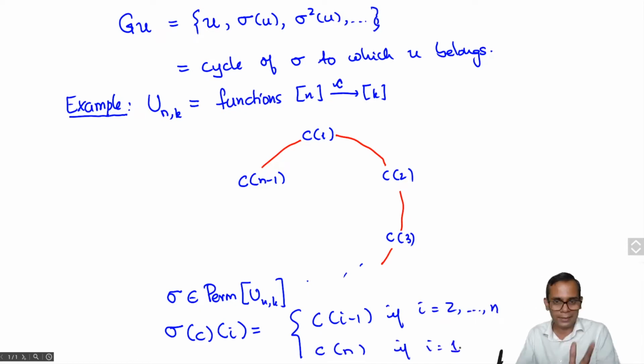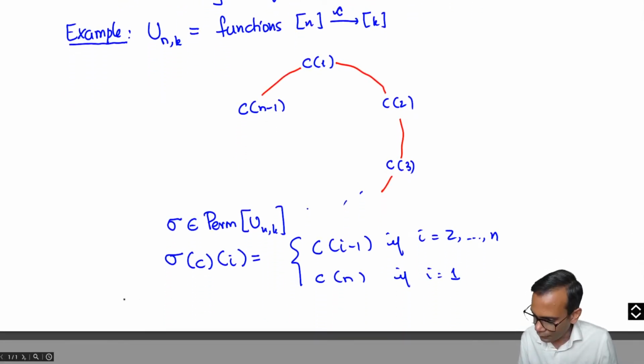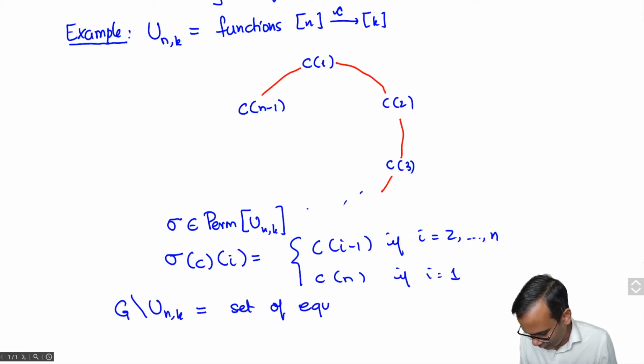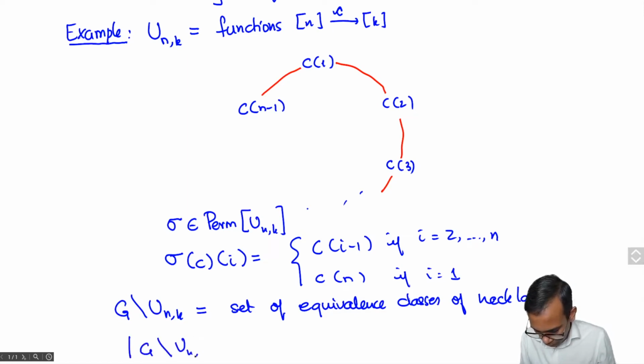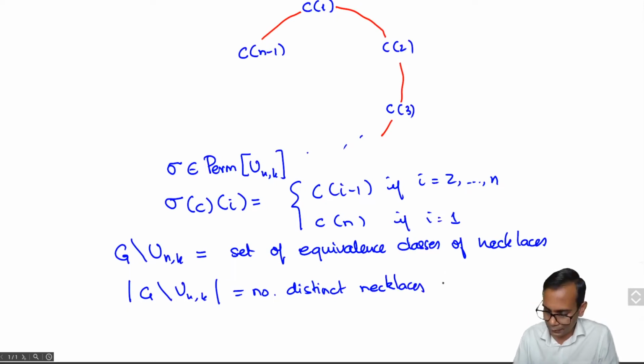So you cyclically rotate this necklace, and the set of orbits is actually the set of equivalence classes of necklaces that we encountered before, and the number of orbits is the number of distinct necklaces with n beads and k possible colors.